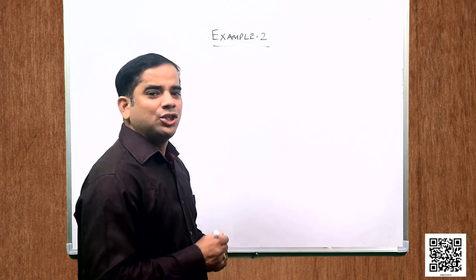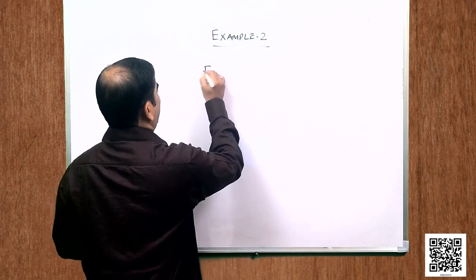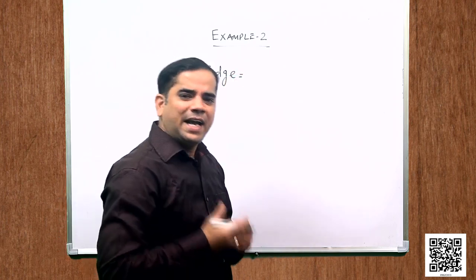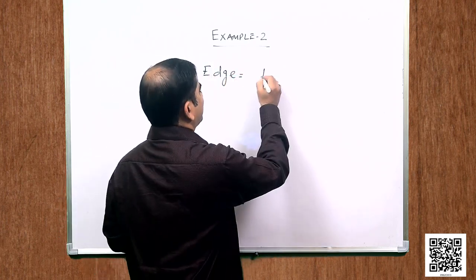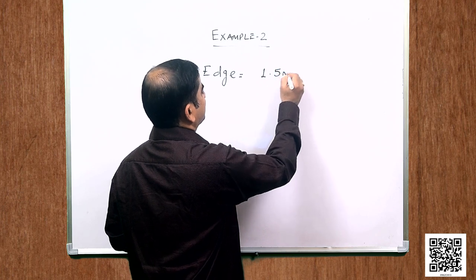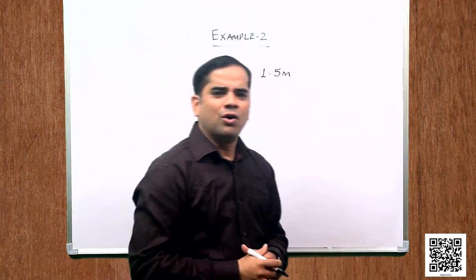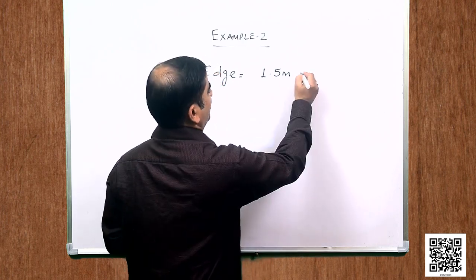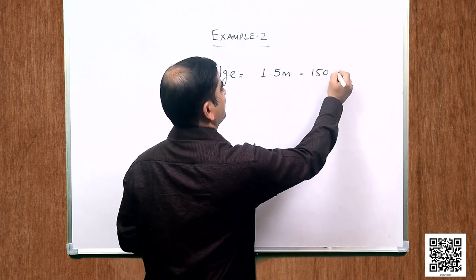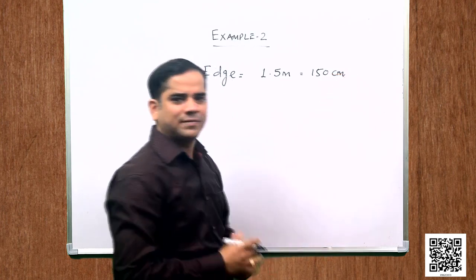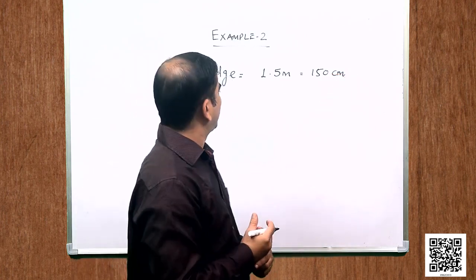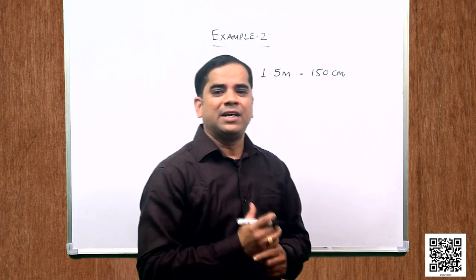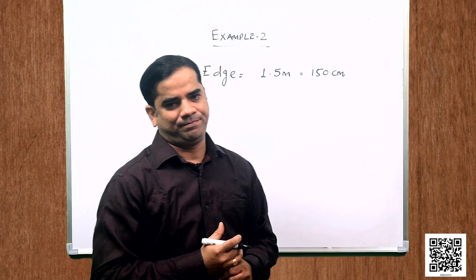Edge of the cubical tank is 1.5 meter. For convenience, let us convert this into centimeters. So, it is 150 centimeter. That means the side of the cube is 150 centimeter.